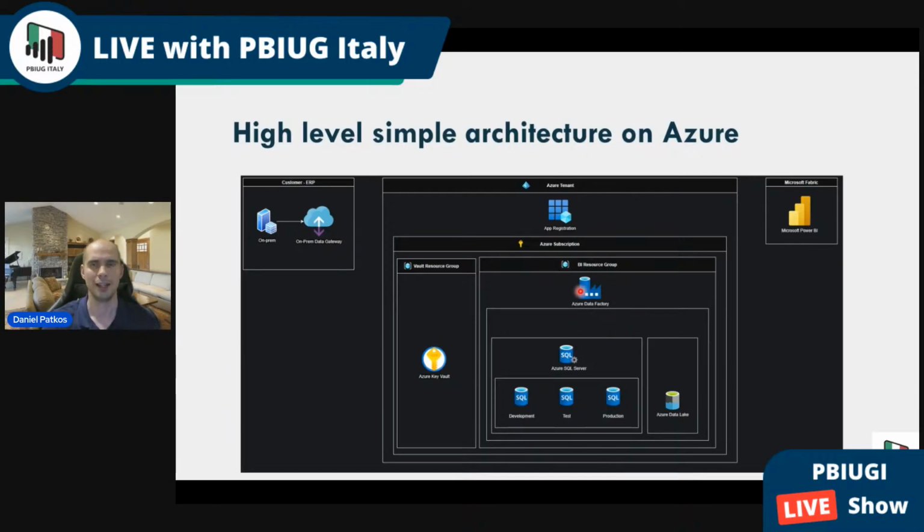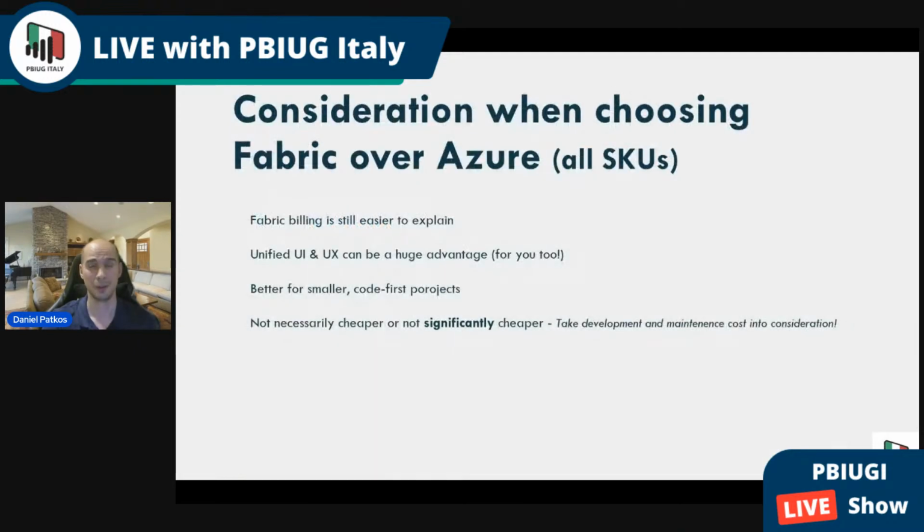So you use ADF. You ingest in Azure Data Lake Storage, and then you run stored procedures, for example, and you have your SQL Server as well, and you have your Power BI visualizing the data. So I think, again, it's not going to be F2 specific, but from my experience, Fabric billing is still easier to explain.